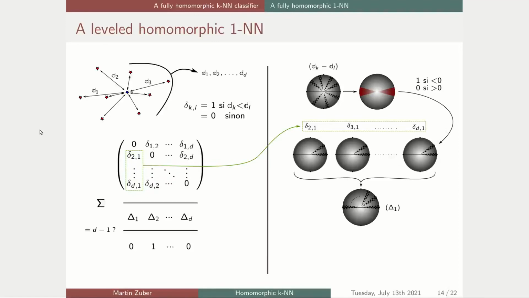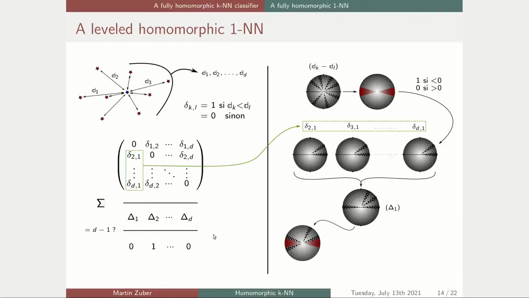Then we're going to sum all of these values together and get a value which can be anywhere between 0 and d minus 1. And we want to select the ciphertext which includes the value which is equal to d minus 1.